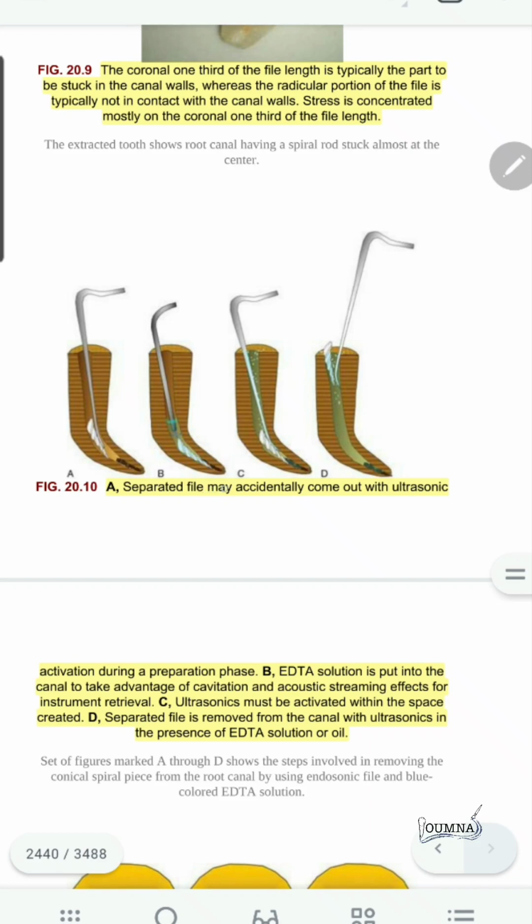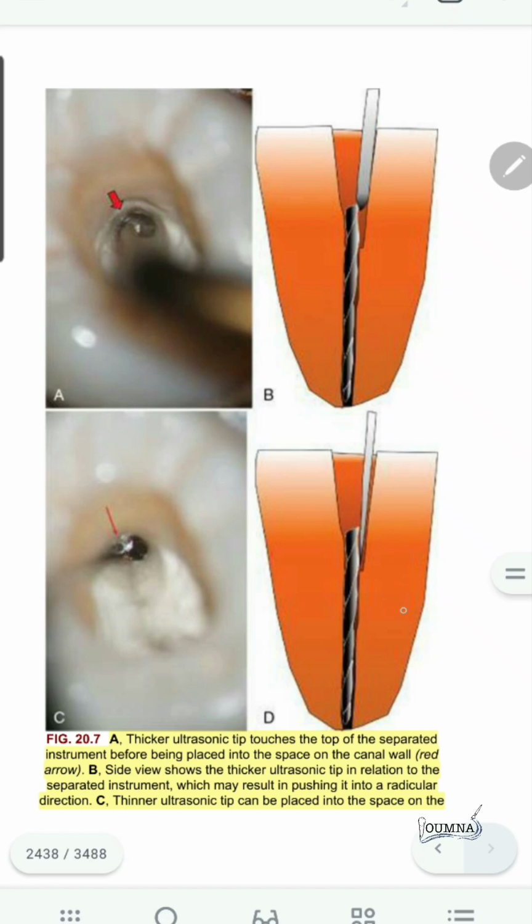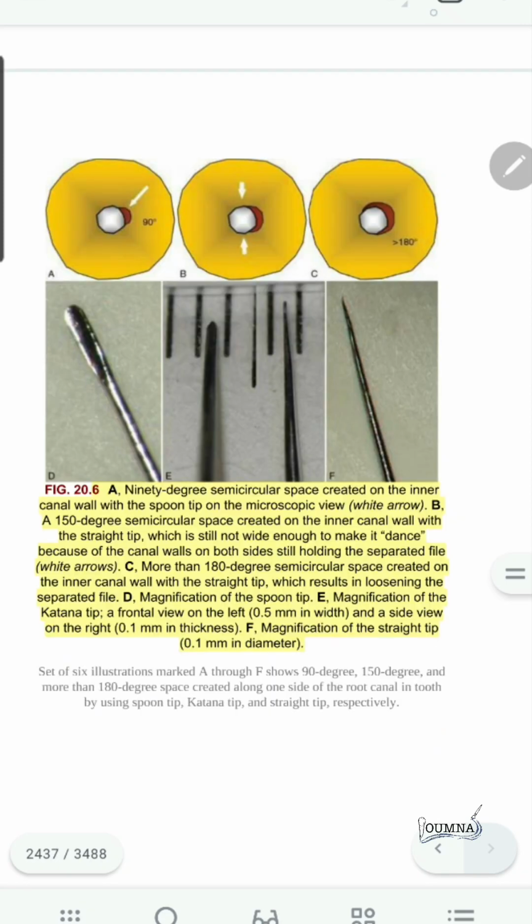And the activation occurs with the space that we have created by the preparation. Also, we must use the appropriate size of ultrasonic tip, one that can fit within 1/4 to 1/3 of the instrument length.